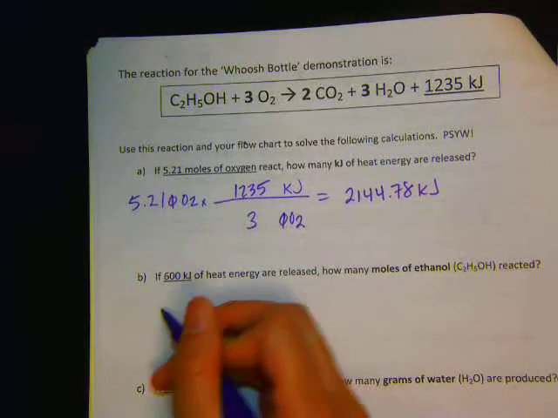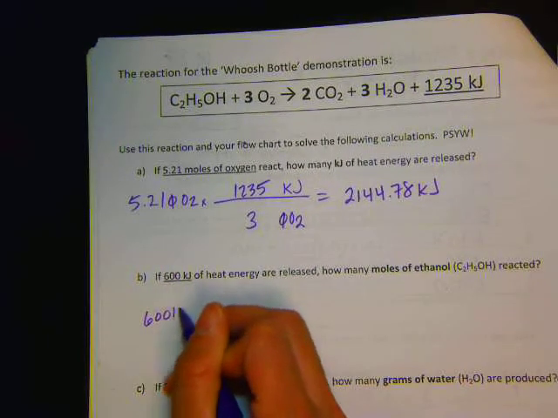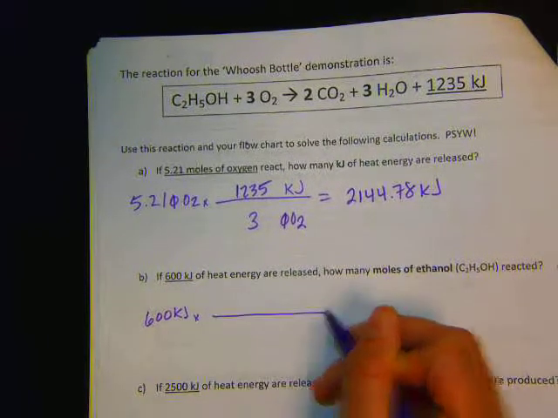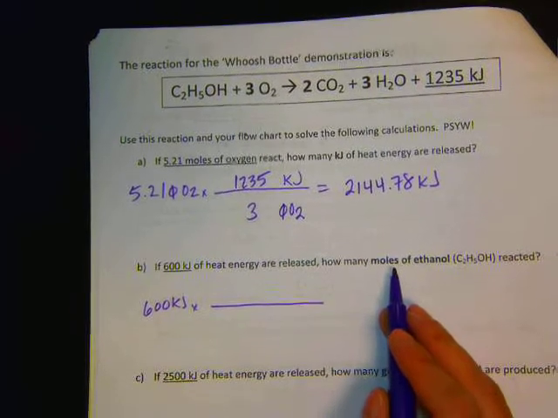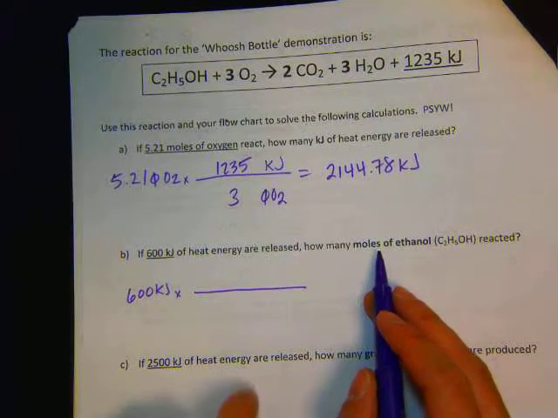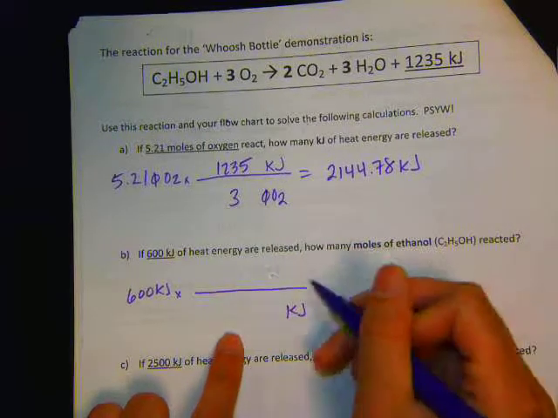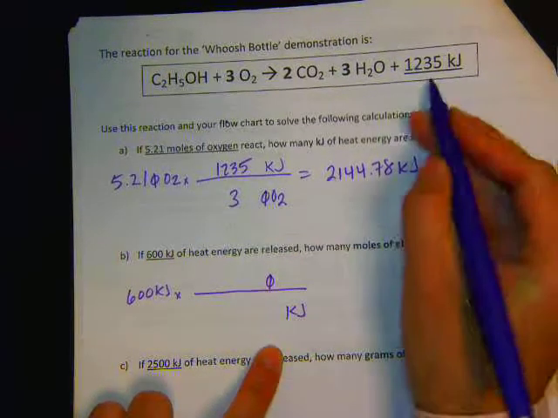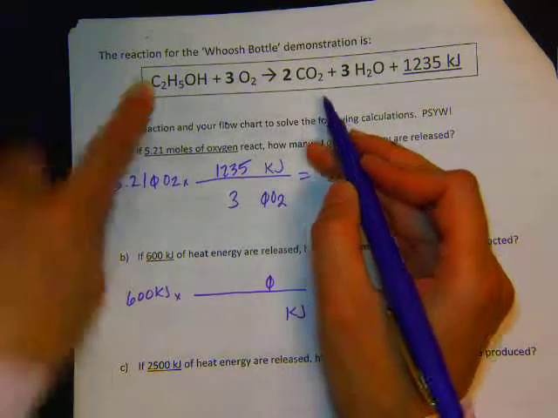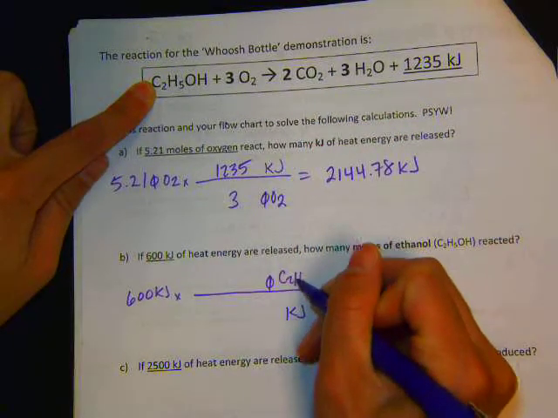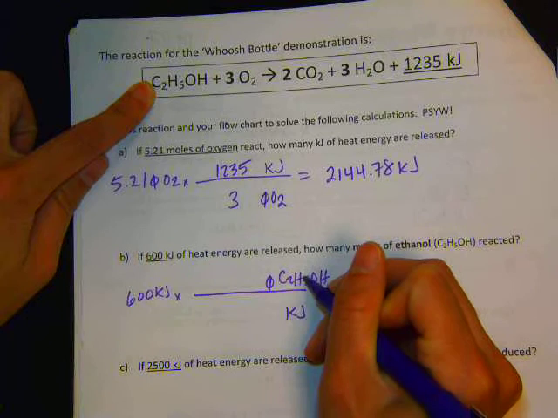All right, so now let's start with the next one. We start with 600 kilojoules, and I want to go to moles of ethanol. So to get rid of kilojoules, top or bottom? Perfect. I can go to moles of ethanol because ethanol is right up here, C2H5OH.